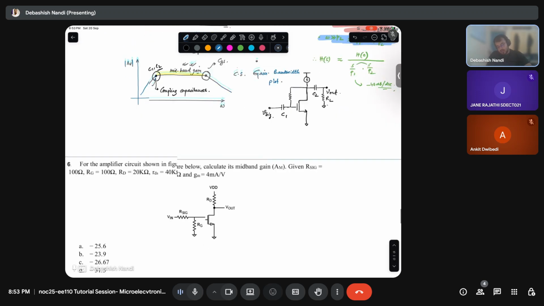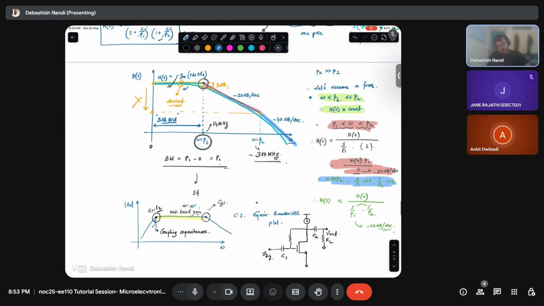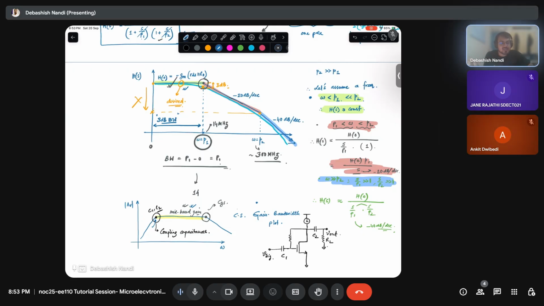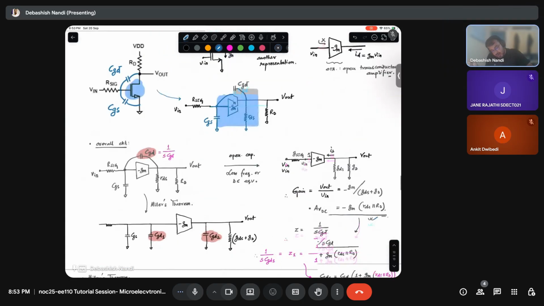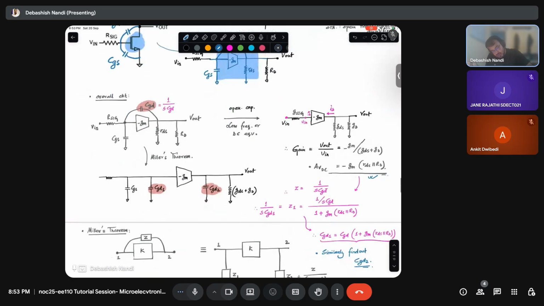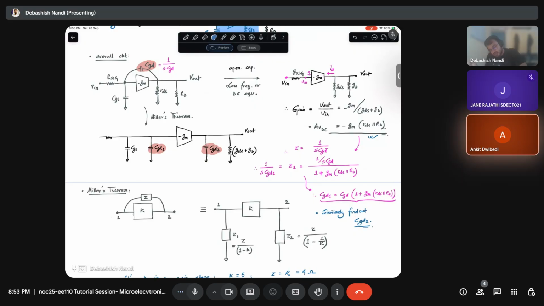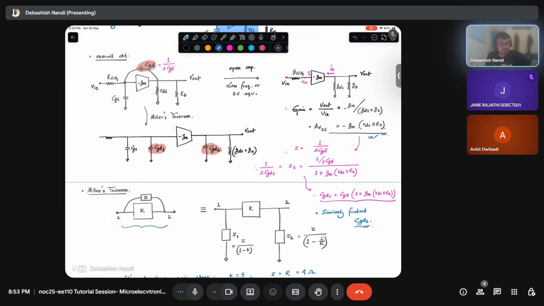So we'll continue next week. Okay, sir. I have one query. Sir, why are we using the DC gain when we are using capacitors in the circuit? You mean why we are using DC gain to do the Miller analysis? Yes.